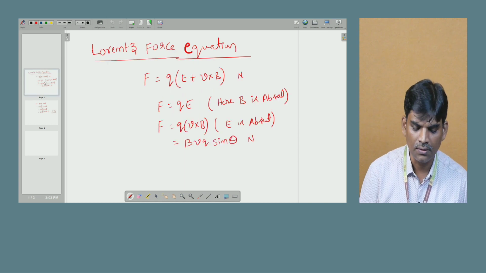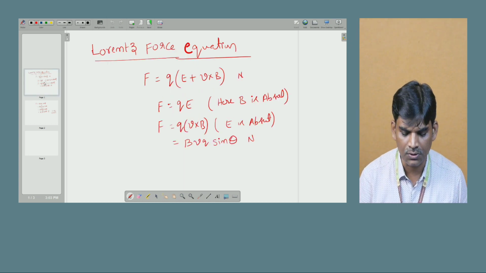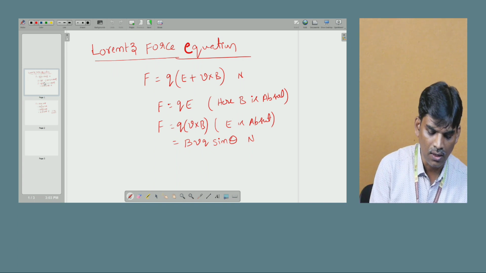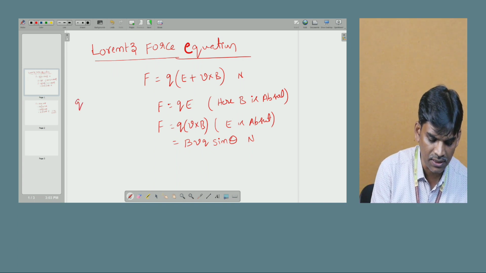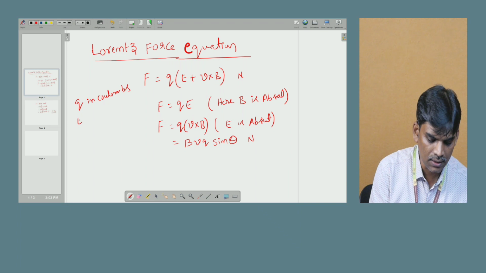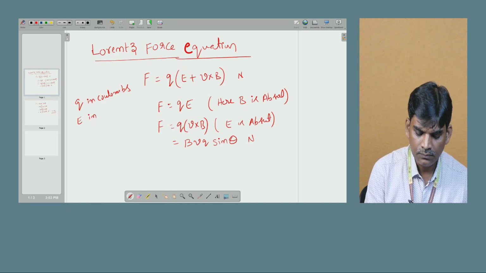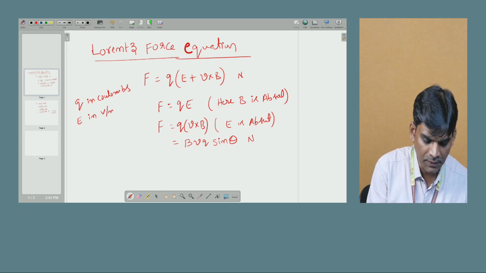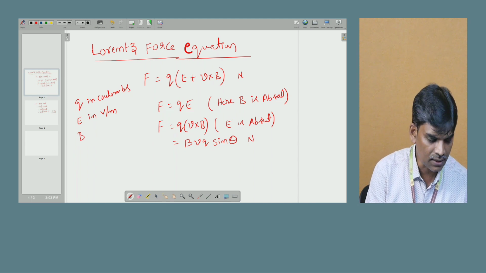Here are the terms I used generally. Charge is always measured in coulombs, and E is the electric field intensity in volts per meter.